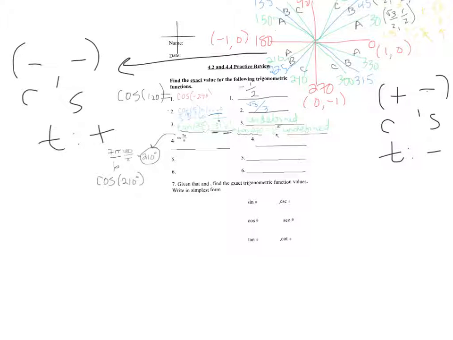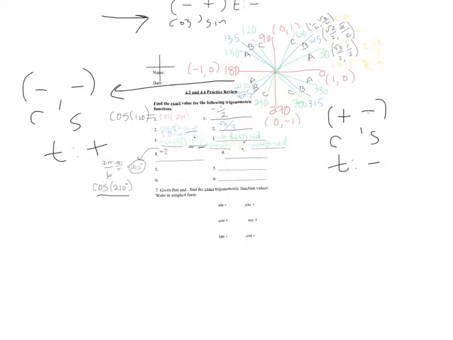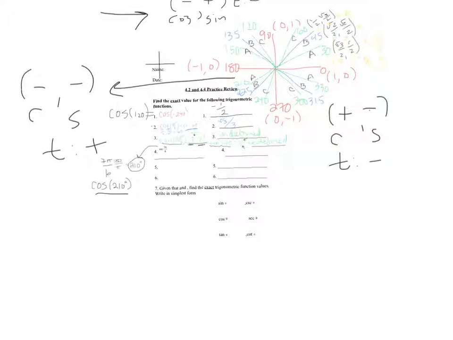And going to what I said before, if you go to the cos 210 degree spot, if you notice up top, it says letter A, and we know letter A corresponds with root 3 over 2, comma 1/2. So we know that cos at that A spot is root 3 over 2, and we have to decide based on the quadrant, is it positive or negative.